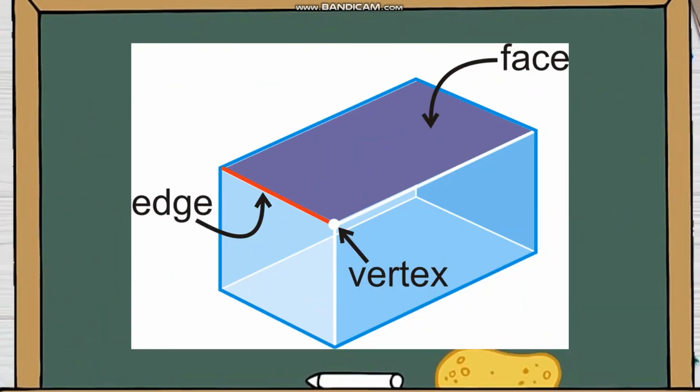Okay, for you to be able to understand the difference between the three, I have here an example, cuboid. So these are the vertex or vertices. These are the edges.